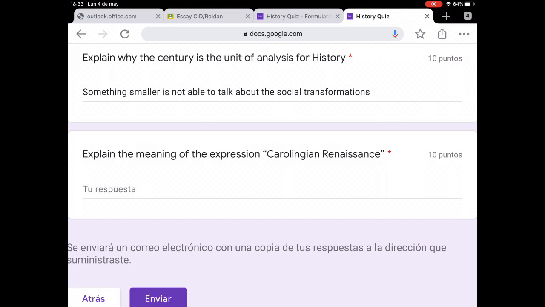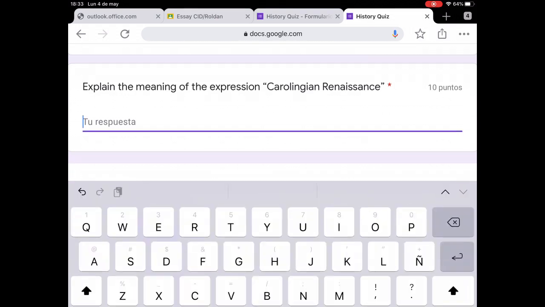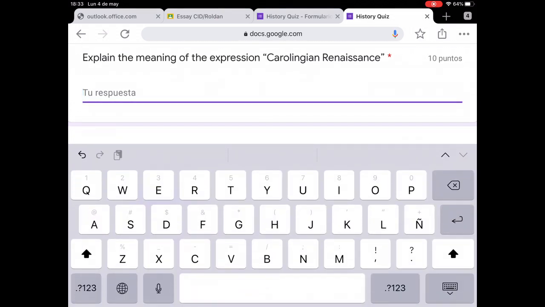So remember that we said that Charlemagne had enough money to do that. He had a lot of power. He was able to do this big cultural reform in which they would bring the classic culture back to the Frankish kingdom that was, for starters, if you remember, a barbaric kingdom. So what is the meaning of the expression Carolingian Renaissance?